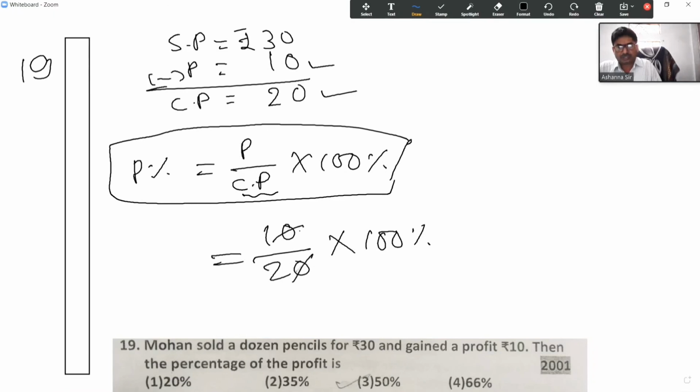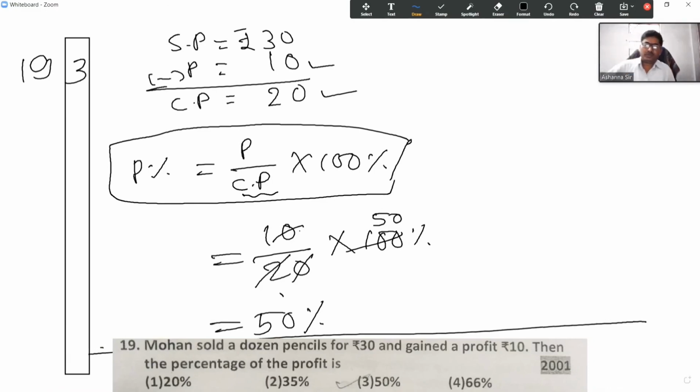So 0 gets cancelled, 2 ones are 2, 5, 0, 50%. 50% is the profit percentage. Option 3. By practicing we can get the idea of how to get these options directly.